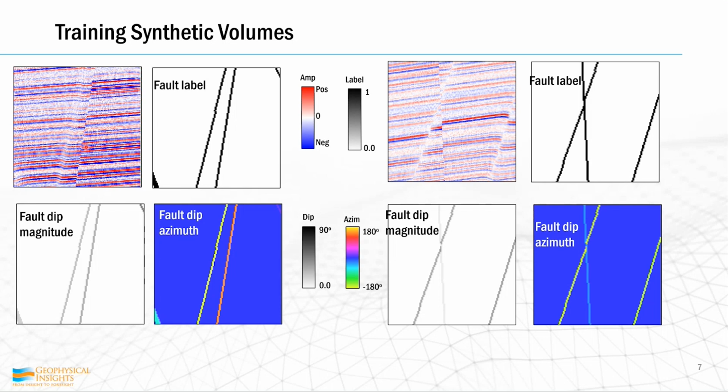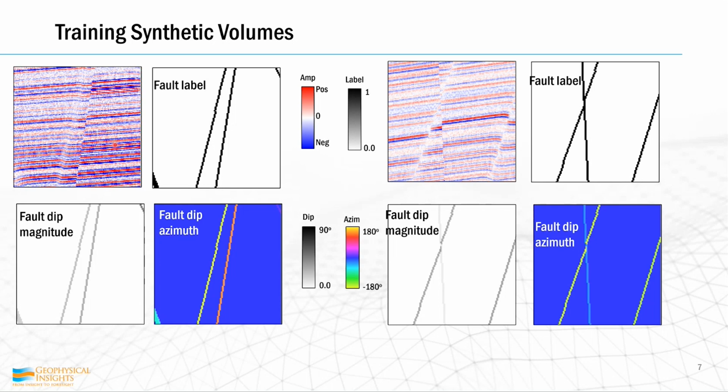In training our CNN model, we generated more than 5,000 synthetic training models to cover different fault parameters, different fault displacements, and different reflector noise. With this information, we try to make our CNN model sensitive to the different kinds of discontinuity corresponding to real applications.